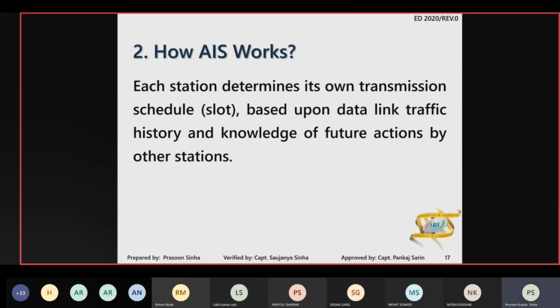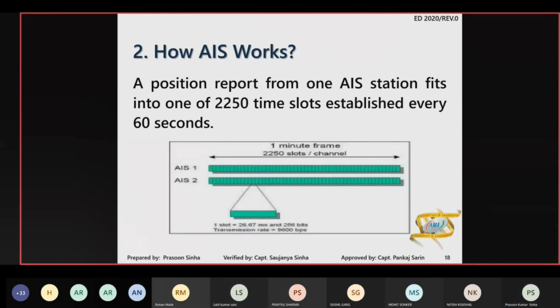So when I will transmit next takes into account various conditions. What am I doing right now? Am I going straight or turning, going slow, going fast, at anchor? At different conditions, there are different requirements for transmission of data that can be decided automatically. So this is what SOTDMA is.